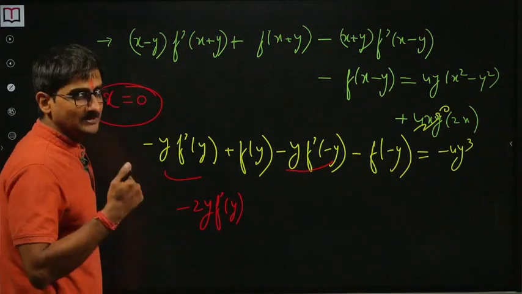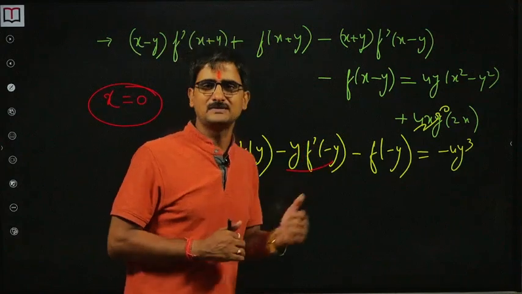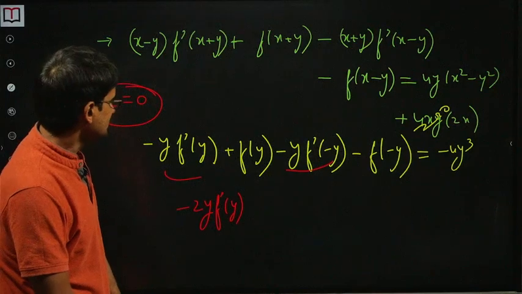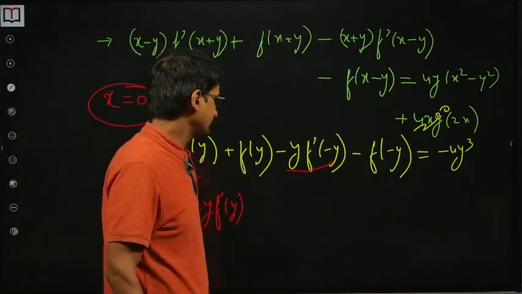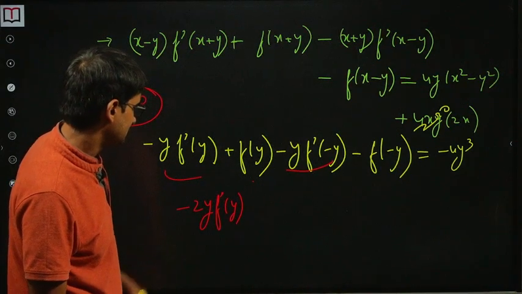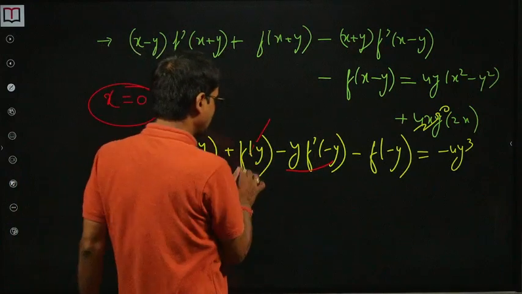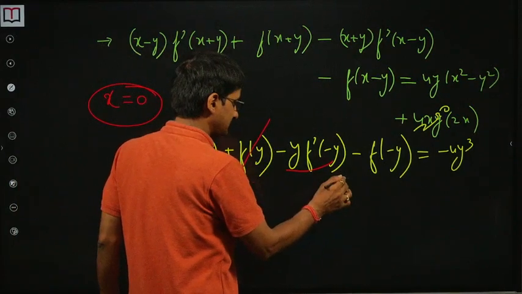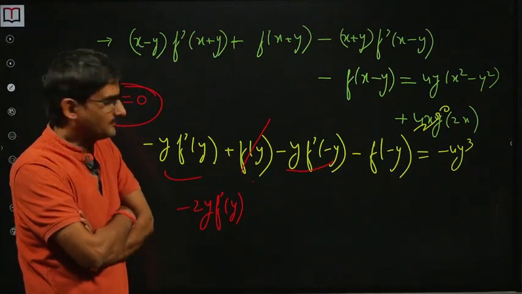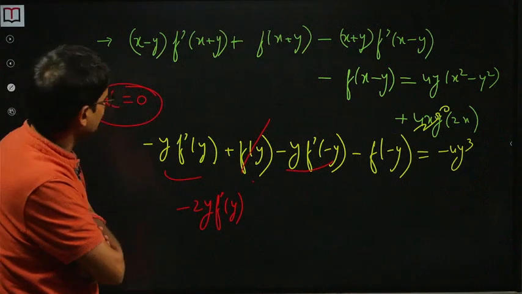The derivative will be an even function, so I can replace f dash of minus y by f dash of y. Now this and this, so that's 0, isn't it? I will replace f of minus y by minus f of y. It's not 0.